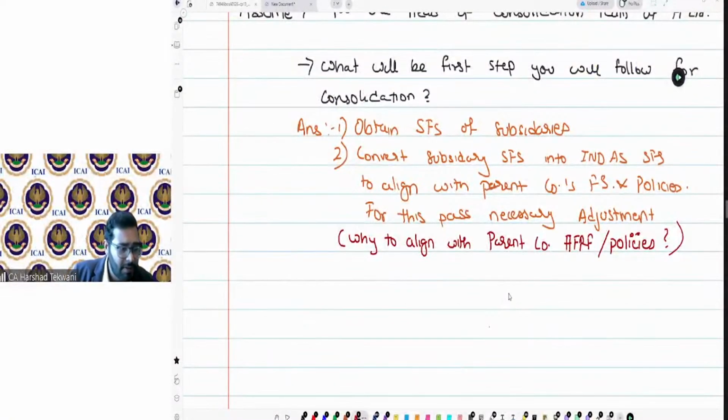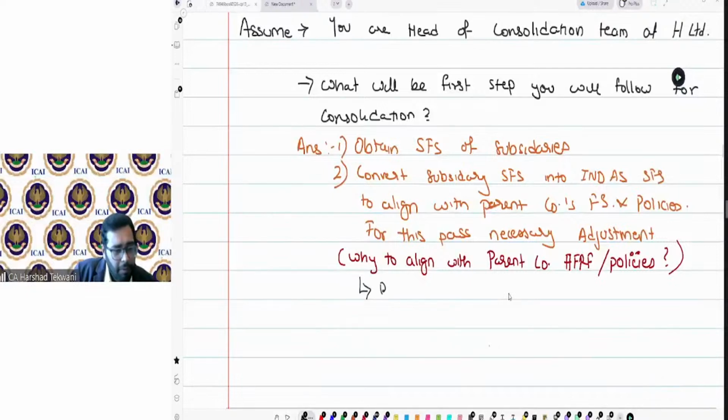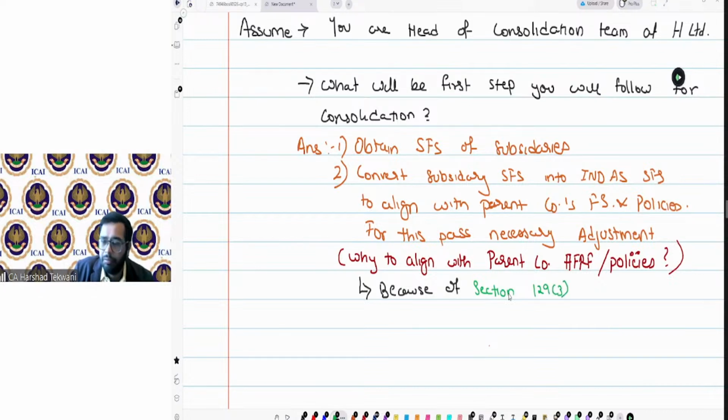The answer for this is because of section 129(3). Simple. Because of section 129(3).